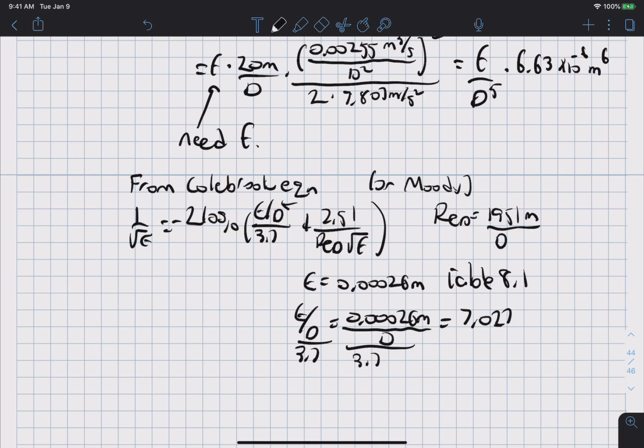and that equals 7.027 times 10 to the minus 5 meters divided by the diameter.